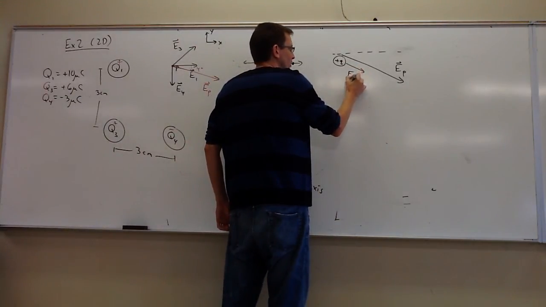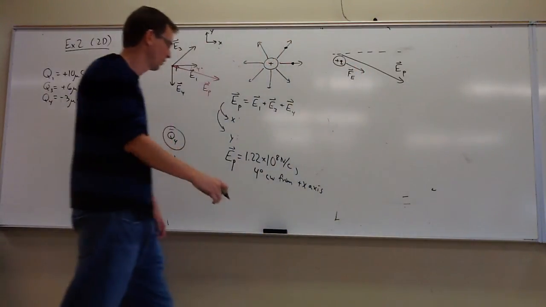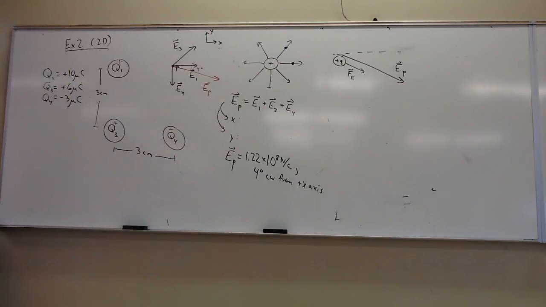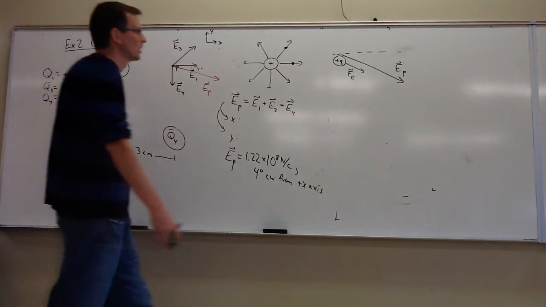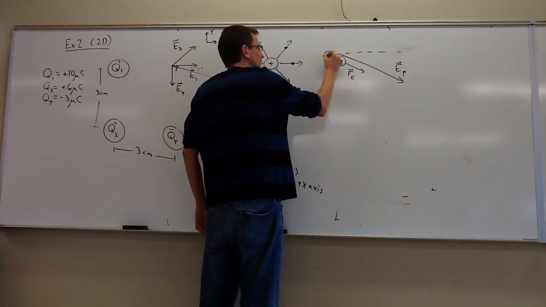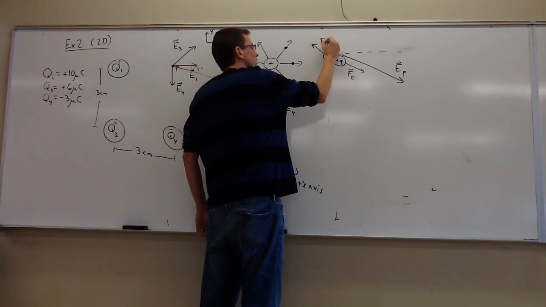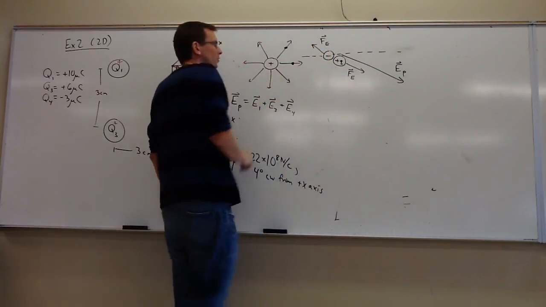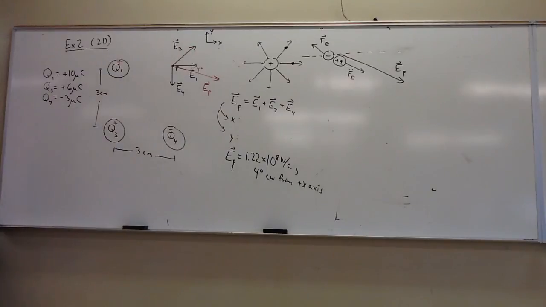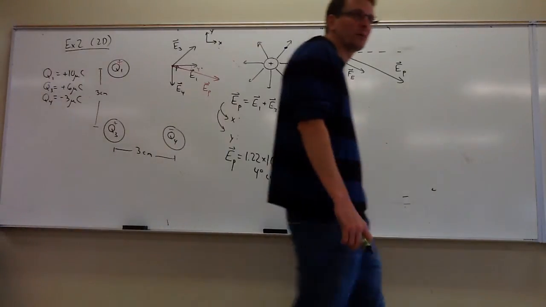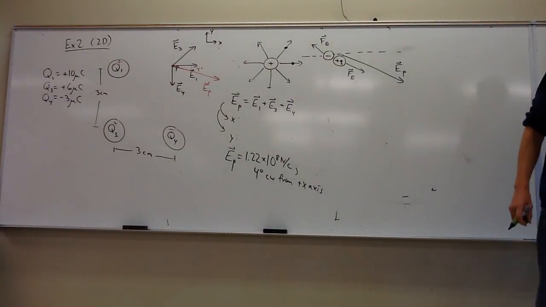So that'll also feel a force 4 degrees clockwise from the plus x-axis, right? If it were a negative charge instead, it would feel a force opposite, so that'd be 4 degrees from the minus x-axis. And of course, depending on the amount of charge, that would tell you the amount of force, right?